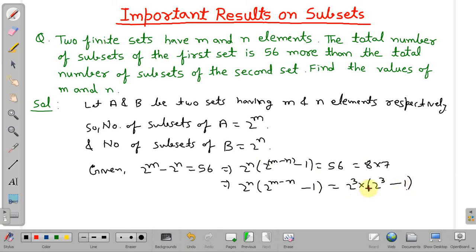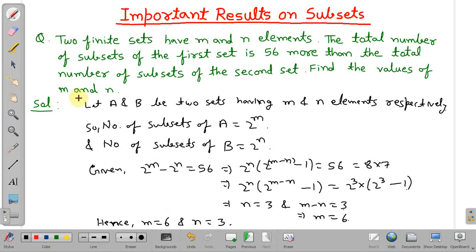It will be 7 and this is 8. So from this we get n equal to 3 and m minus n is 3. As n equals 3, from here we can calculate m equal to 3 plus 3, that is 6. Hence, the value of m is 6 and n is 3.